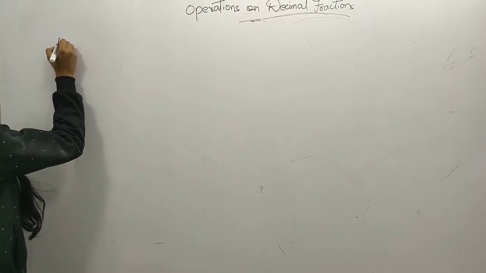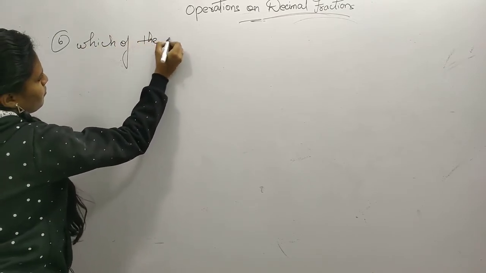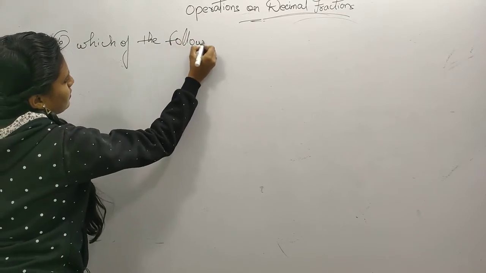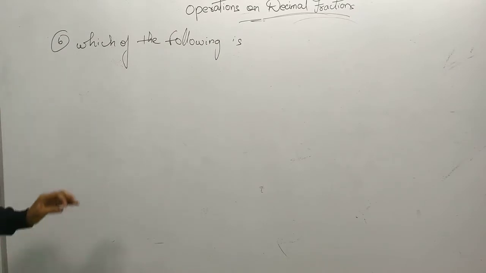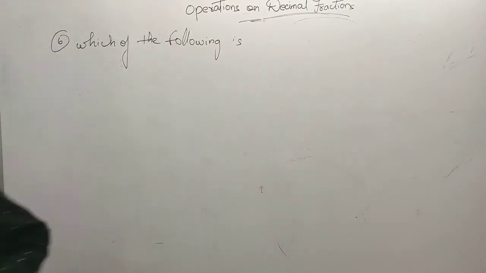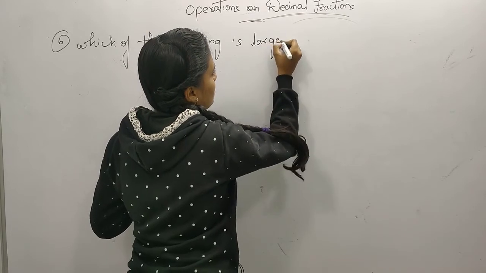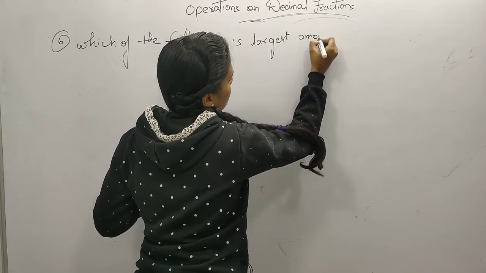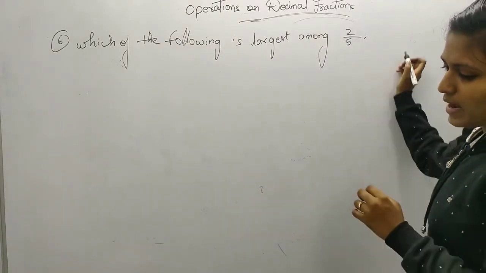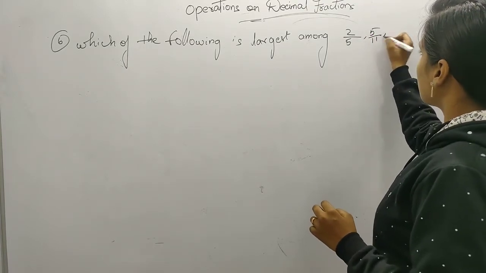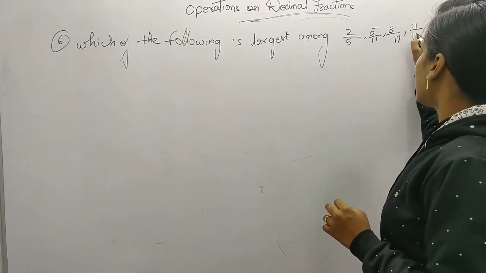Here, next question, the sixth one. Which of the following is largest among 2 by 5, 5 by 11, 8 by 17, 11 by 13?